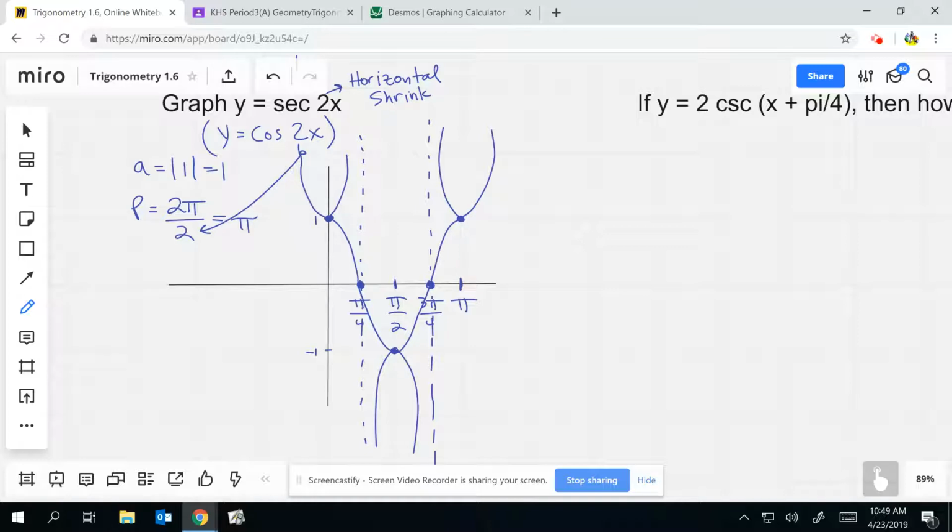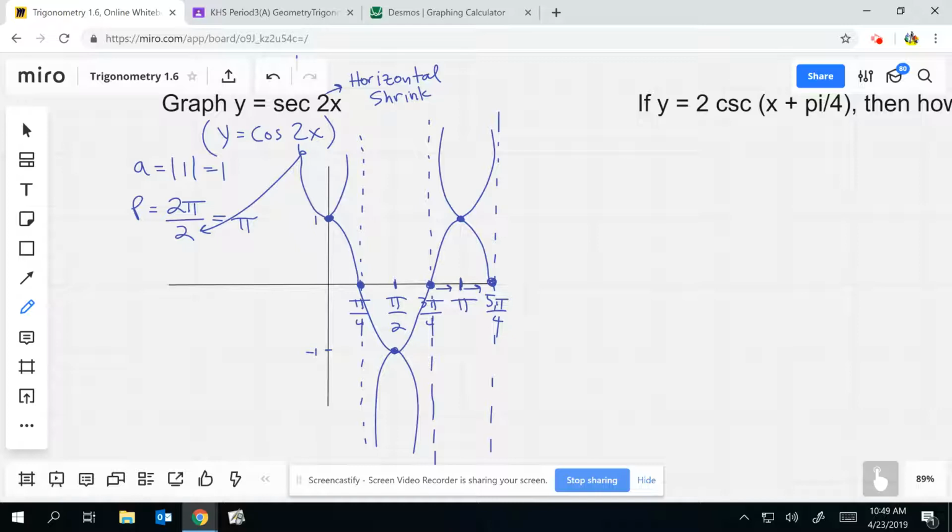So you're going to actually have to go one more step over, which would be like 5 pi over 4, to show where one more intercept would be. So you kind of have to put a tail on your V just to get one last intercept so we can make that a dotted line too. So you know where your U would go. You need 3 dotted lines for one U and one N.